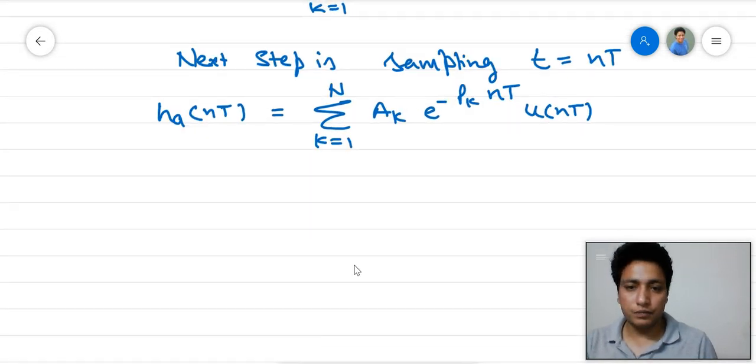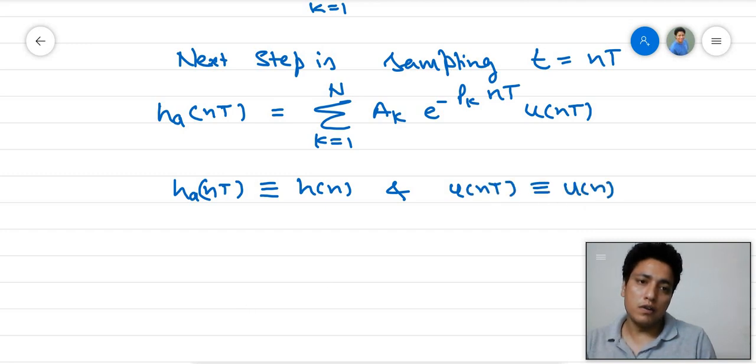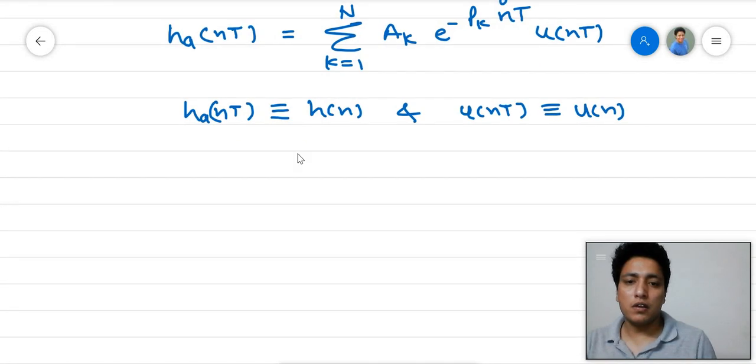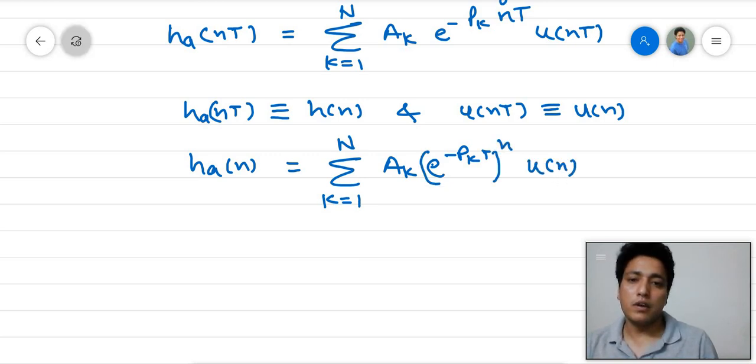Now we can write h_a(nT) as h(n) and u(nT) as u(n). Then we will write h(n) equal to summation k equals 1 to N A_k exponential minus p_k T to the power n u(n).